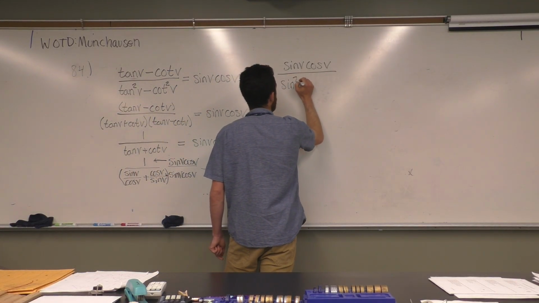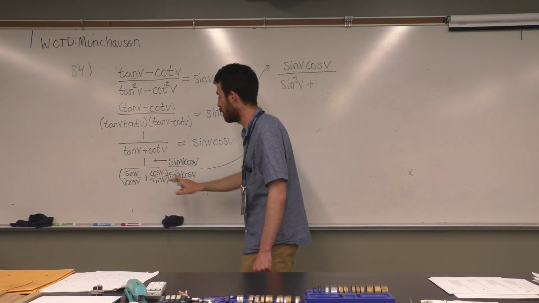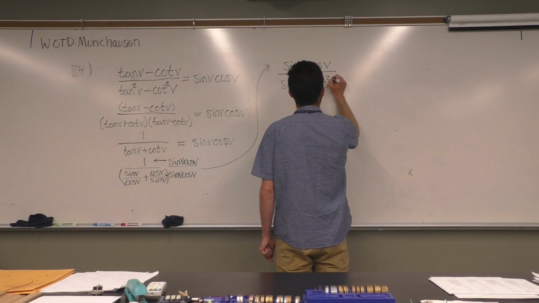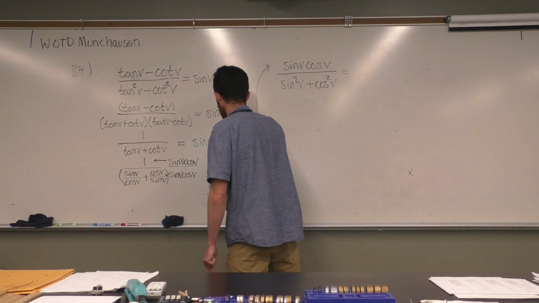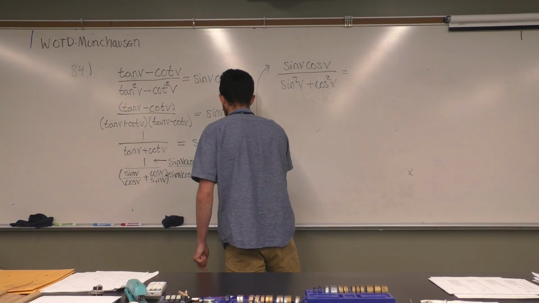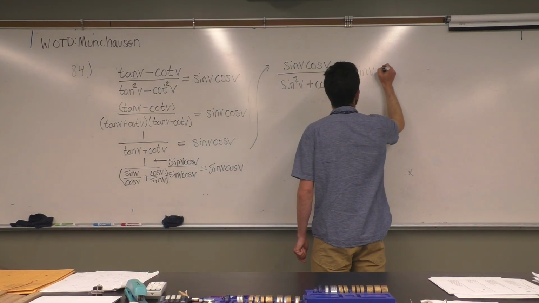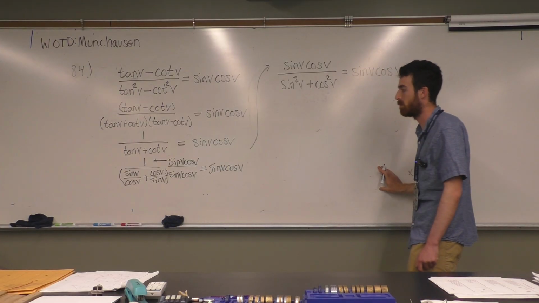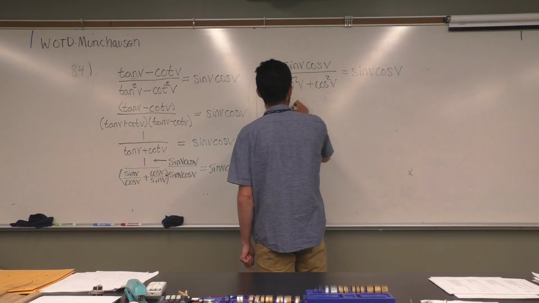And in the second multiplication, the sine of v will cancel, and I get cosine squared of v. This just kind of gets you there quicker. Does that make sense? I hope so. The denominator there is equal to 1.